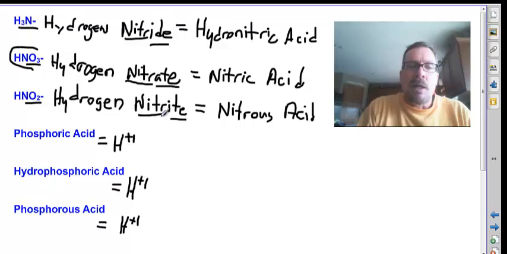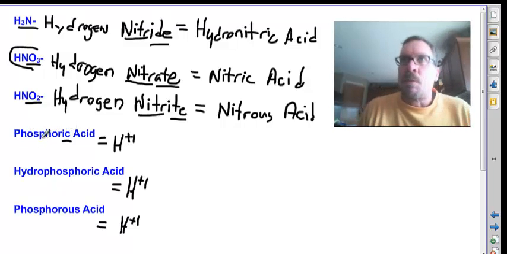Now essentially I'm taking the rules that I had before and I'm going backwards. Phosphoric acid only has ic. When it only has ic as its name, and it does not have the hydro prefix, that means it was an AT ending. So any AT ending is a polyatomic ion.